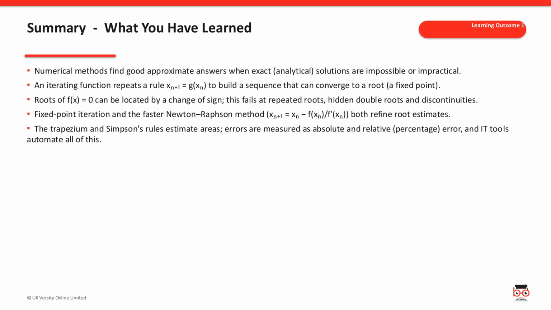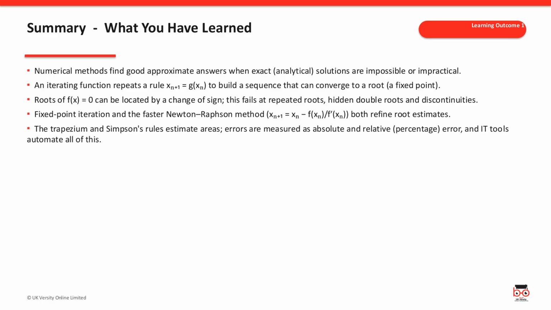Let's pull the whole outcome together. Numerical methods give us good approximate answers when an exact analytic solution is impossible or impractical. An iterating function repeats a rule, x sub n plus 1 equals g of x sub n, to build a sequence that can converge to a root, a fixed point. Roots can also be located by a change of sign, as long as you watch for repeated roots, hidden double roots, and discontinuities.